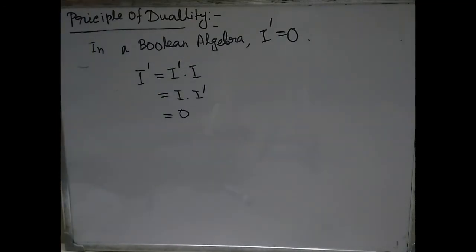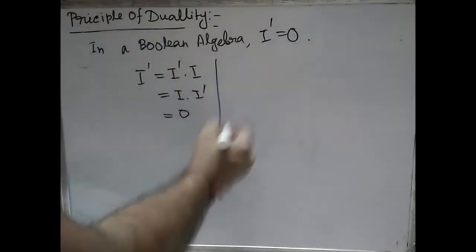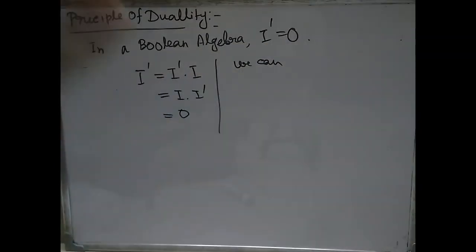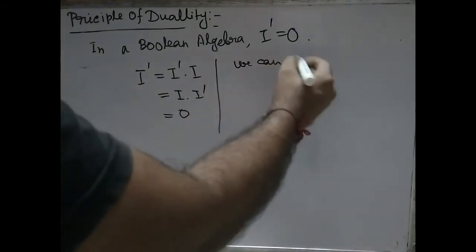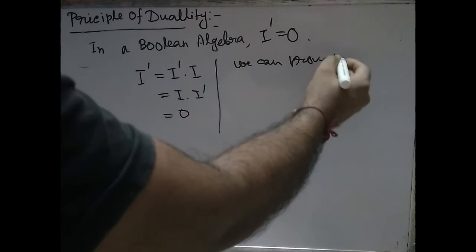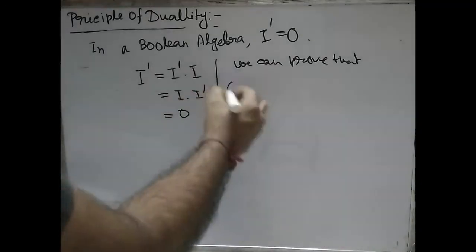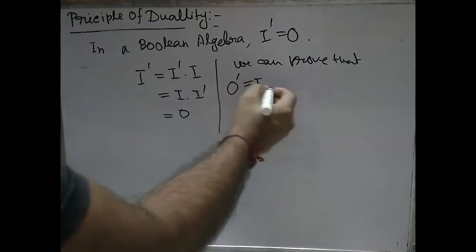Similarly, we have just proved I dash equal to 0. We can prove that 0 dash is equal to I.